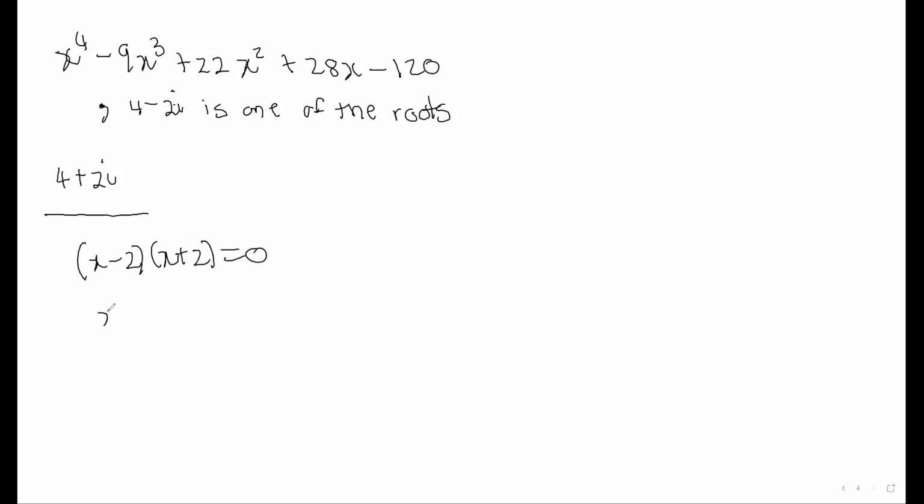Then x is equal to 2 or x is equal to minus 2. The same thing here, but now you need to go back and try to formulate this from here. I'm just showing an example here.